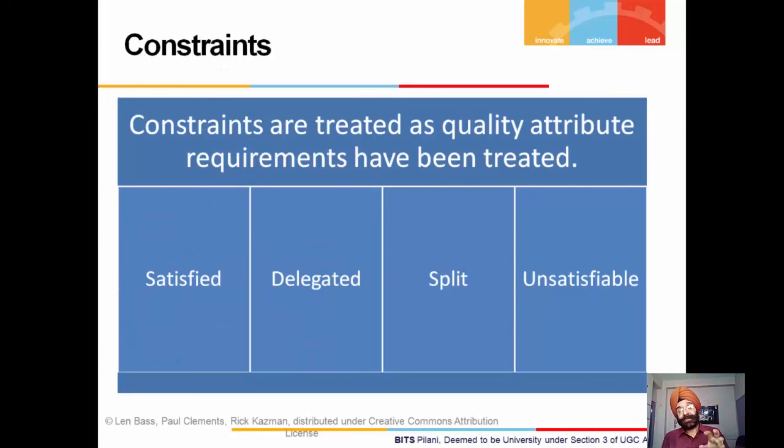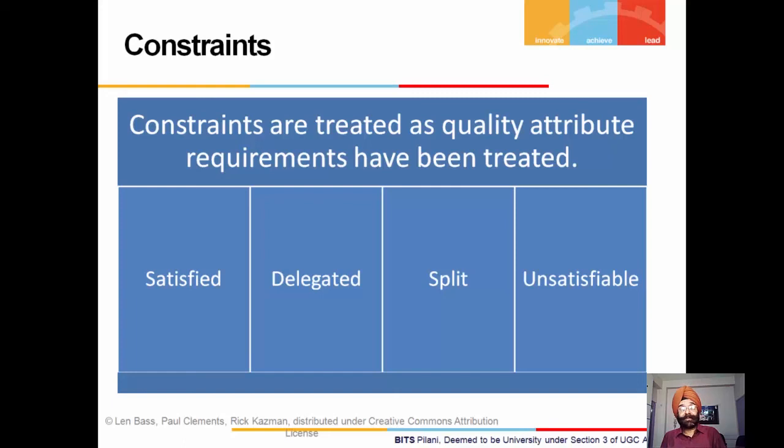Let us take a relook at constraints. Anything given by the client, we call it a constraint. Why? Because the client has already put in due consideration and come to a conclusion where he does not wish to involve you in the decision making. He has decided that RDBMS is the best solution for him. So, well, that's a constraint. Similarly, once it comes to your architecture, any decisions that you have taken and you have satisfied quality attributes, they become constraints.